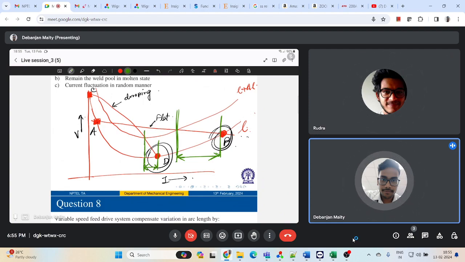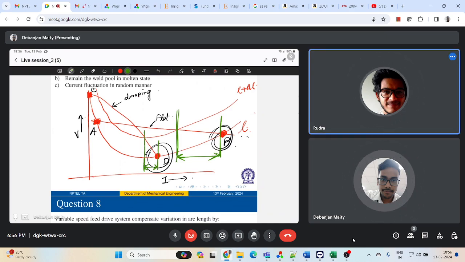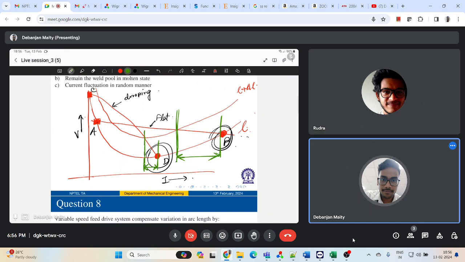So if you want efficient striking of the arc, it is necessary that the open circuit voltage of the source be high above the operating voltage, and moreover it is necessary to have quick response of your source, right? So basically it depends how you are feeding your electrode material, and you keep your melting rate constant, so that there will not be a high amount of change in your current value.